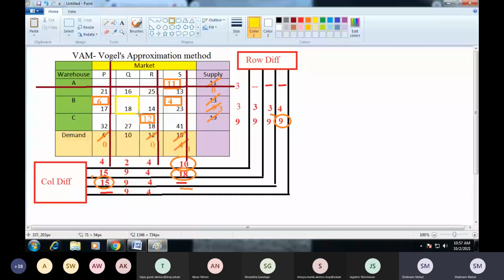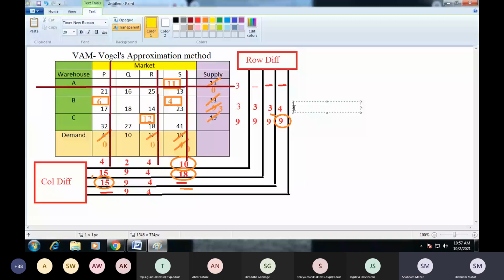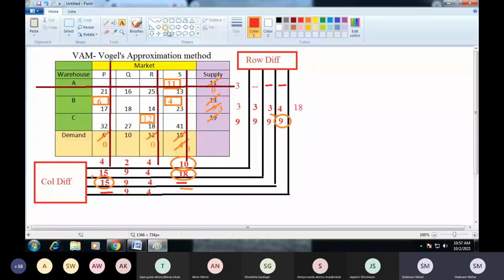In this case, write down 18 here, because there is no second row to find the difference. Then check your second row. In the second row, there is only 27. So write down 27 here.